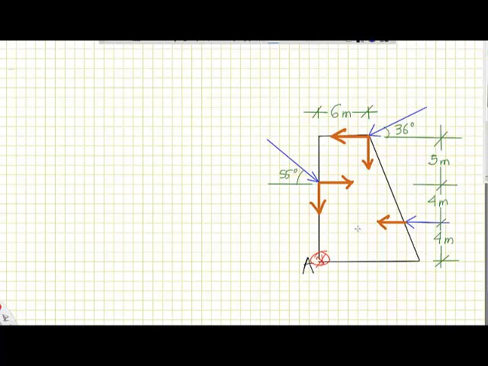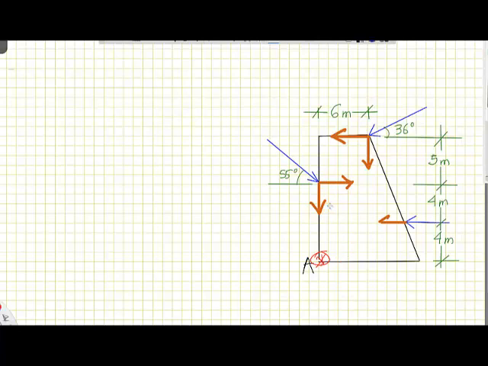Now step number 2 is to check the distances. So we see clearly here that for F1x we have the perpendicular distance, which is from here to here, so this is good. And for F1y the distance is from here to here, that is also good. And for F3, this is the F3x, this is the distance, which is also given.